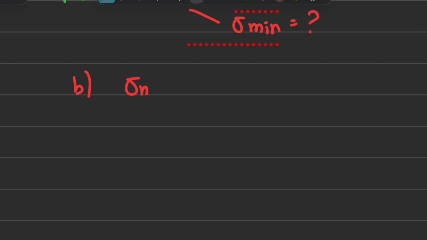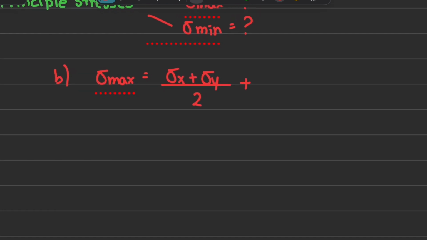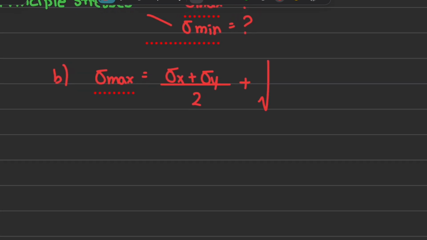So the maximum normal stress is given by normal stress in the x-axis plus y-axis over 2 plus our radius formula, which is given by this big thing.